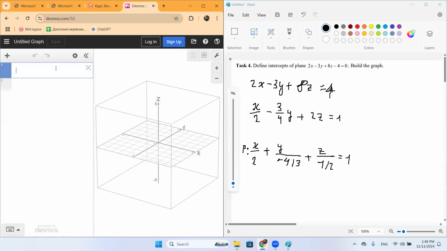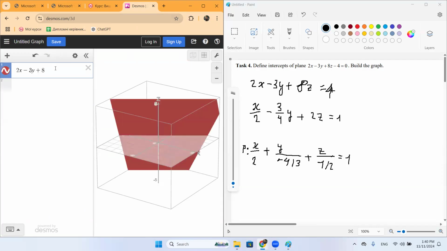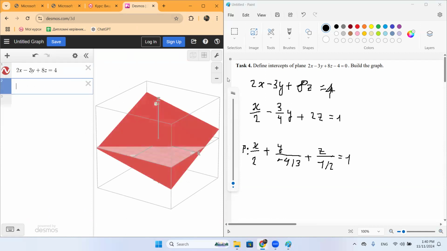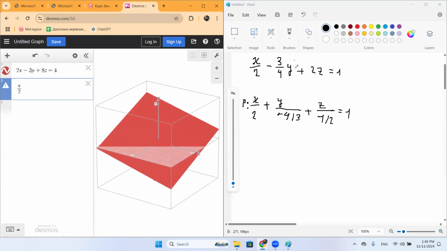So like the initial equation of the plane, and the intercept form. And you will see that it matches.